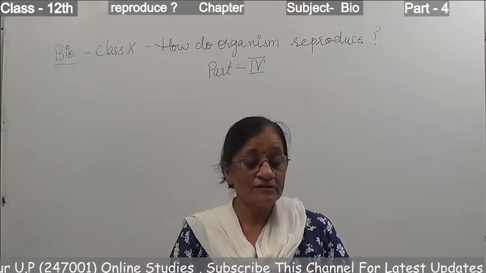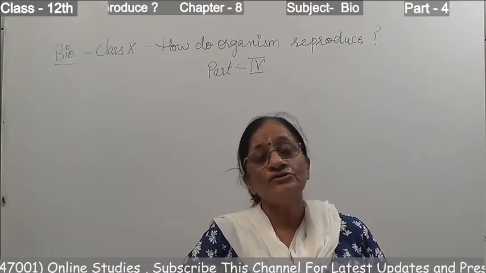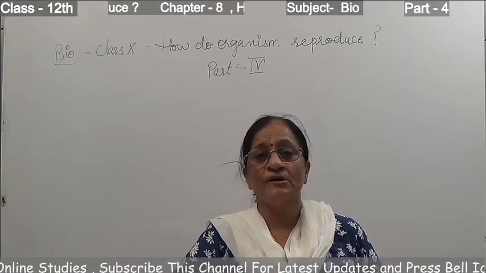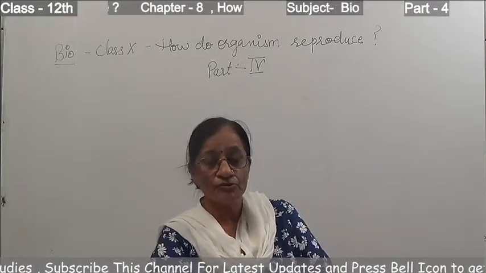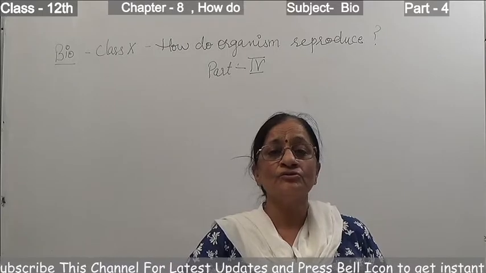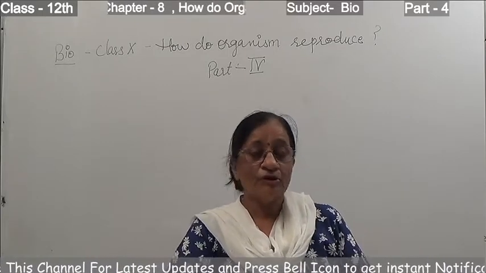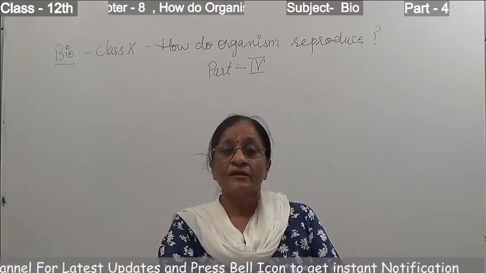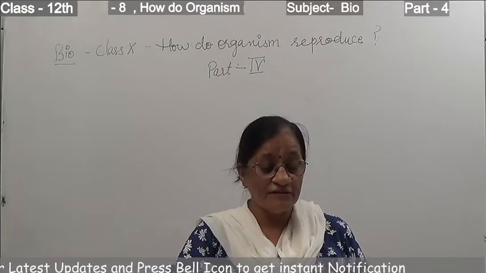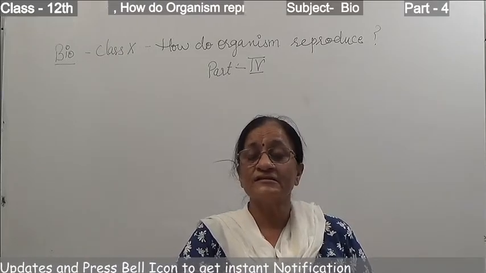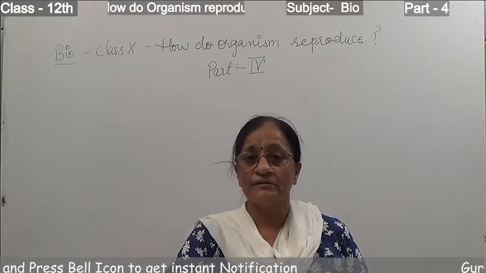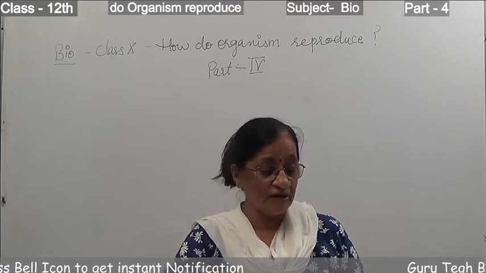Hello students, in continuation of the same chapter, how do organisms reproduce, today we are going to start reproduction in human beings. As you know, last time we discussed sexual reproduction in flowering plants.